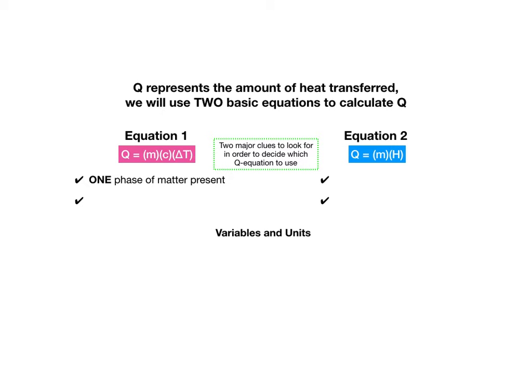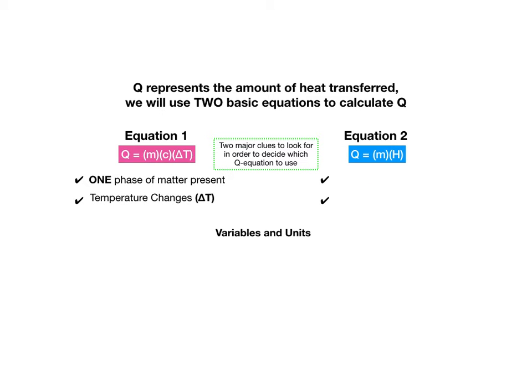Your sample started off as all solid and remains as all solid, it was all liquid all the way through the transfer, or it remained completely in the gaseous phase through the transfer. The easier and bigger clue to also learn to recognize is that the sample has gone through a temperature change, delta T.